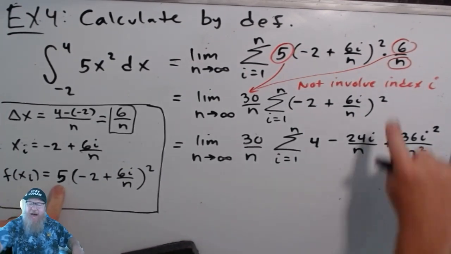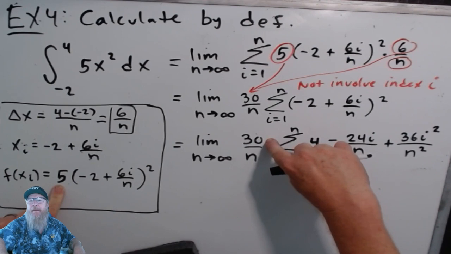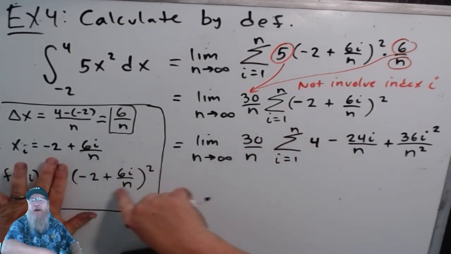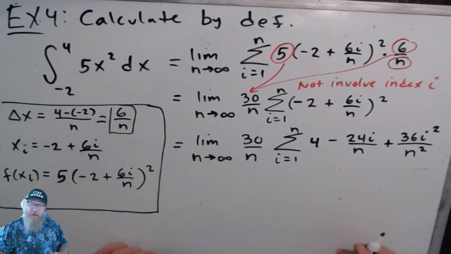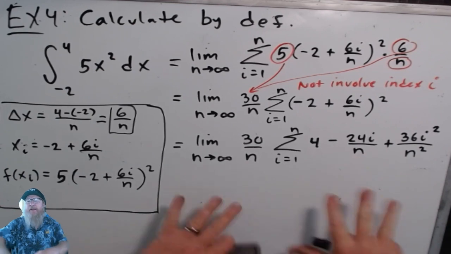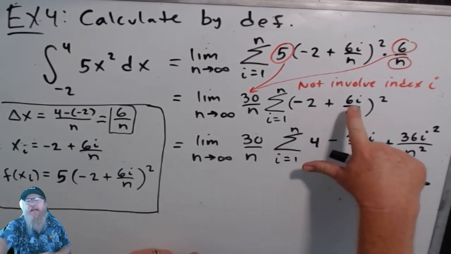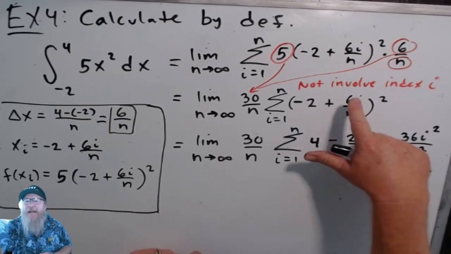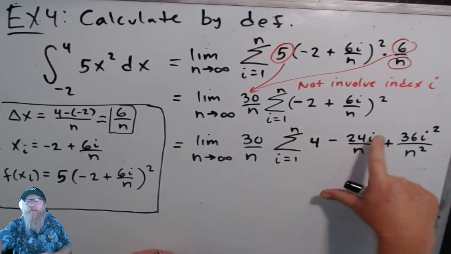Although without the 5, because I've removed the 5. So it's like I'm ignoring that 5 and just doing the product, negative 2 plus 6i over n squared. I skipped a step because of limited space here, but it's negative 2 times 6, which is negative 12, and then another negative 2 times 6, which is another negative 12, and that's how I got negative 24i over n.